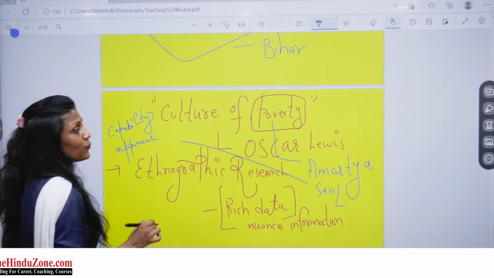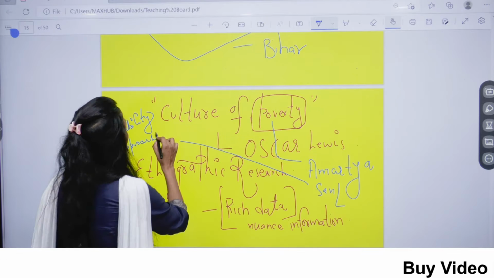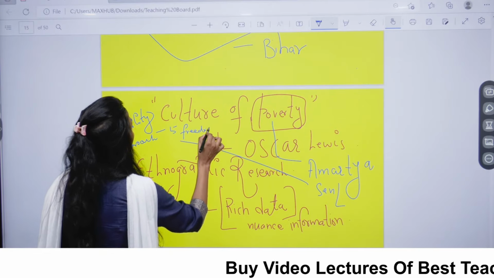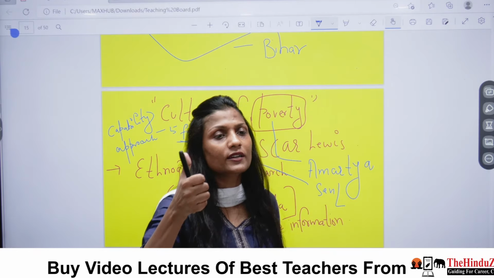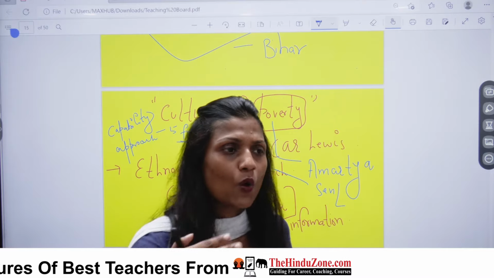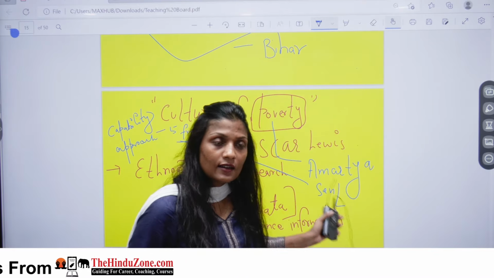So the capability approach is a theory in which he has talked about five freedoms. He says that if one does not have political freedom, social freedom, economic freedom, socio-cultural freedom, one cannot grow because they have fewer opportunities.